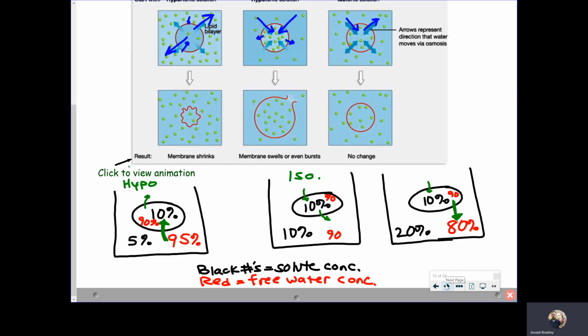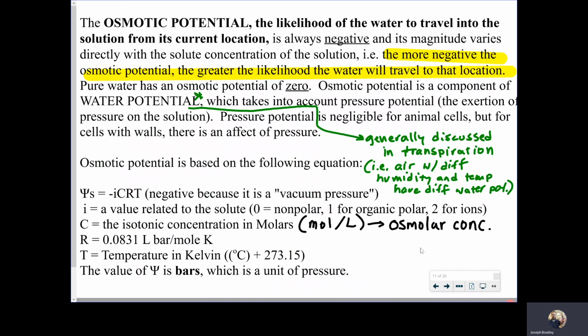Before I talked about osmotic potential, so what does that mean? Osmotic potential, also just referred to as solute potential, is a measurement of the likelihood of the water to travel from its solution into a new location. And so it's always a negative number. Basically, osmotic potential or solute potential is a type of vacuum pressure.